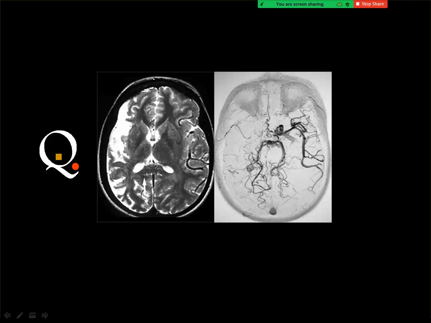And one of the clues for the diagnosis of Moya disease is the minute vessels seen in the basal ganglia area corresponding to the perforator arteries. And you remember also that Moya disease may be complicated by ischemic insults. And the answer is right.